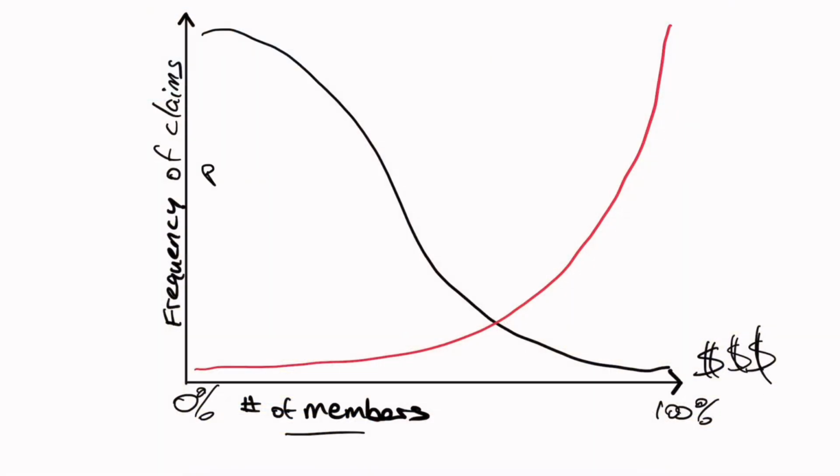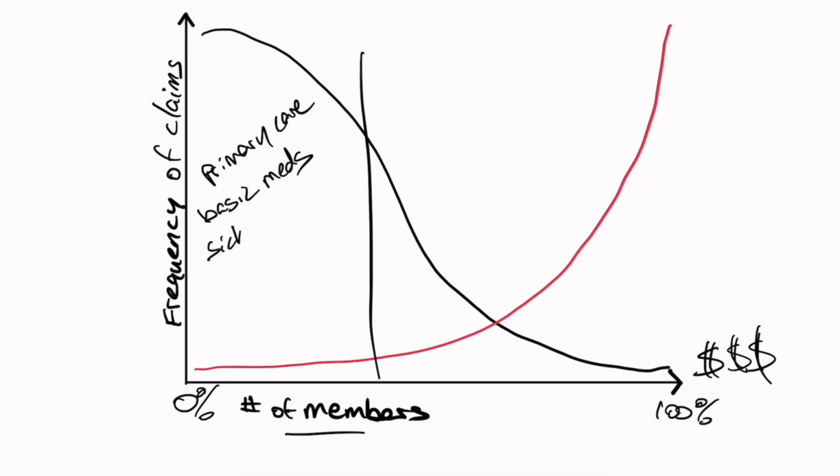The vast majority of your people are going in to the doctor for a sick visit, a preventative exam, maybe they're taking some basic medication. That's really where, if you're looking at this side of the graph, most of your people are going to fall somewhere in here. These are going to be high frequency utilization, but low impact financial claims. And as you move further to the right, the claims dollars go up per episode and they're more severe cases.